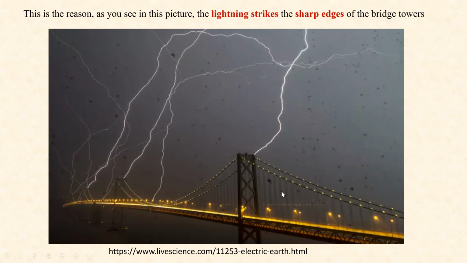So you understand that because at that point there's more charge density and more electric field, the air is more likely to break at those points. That's why it never hits here, for example. It never hits in the middle here. It's just either this side or this side. All right.